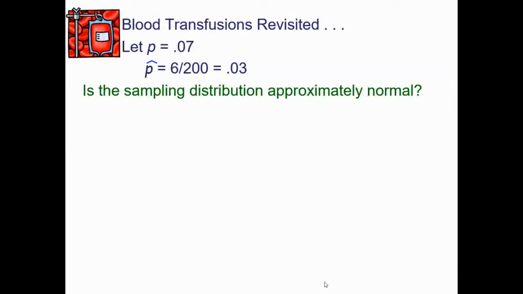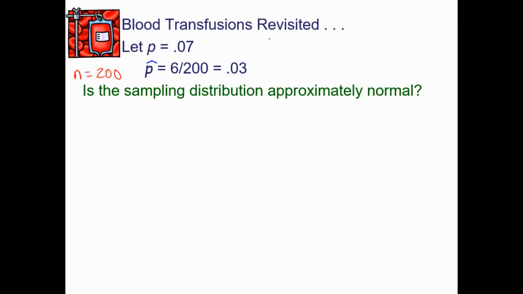First, is the sampling distribution approximately normal? We have to test to make sure. We can't just say, oh yeah, looks good, let's do it. To test it, we look at n times p. What is our n? 200.